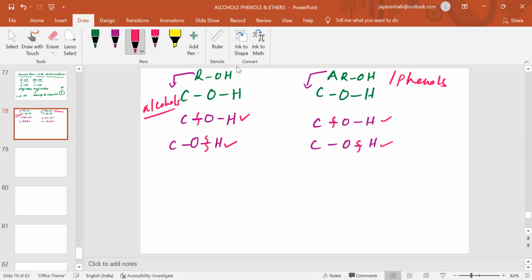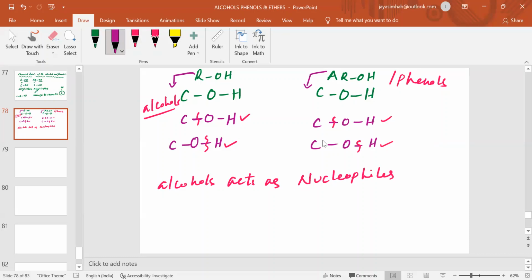So alcohols and phenols, especially alcohols, act as nucleophiles. What are nucleophiles generally? Phile means which is attracted towards, loving, the opposite of phobic.